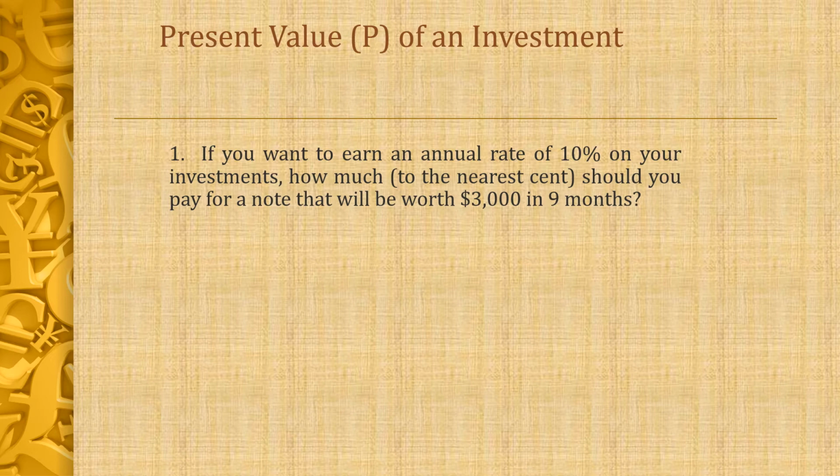Now let us try to calculate the present value. It says we want to earn an annual rate of 10% on our investment. So R is 10%. And the total worth is 3,000. So the amount A is 3,000 and the time T is 9 months.